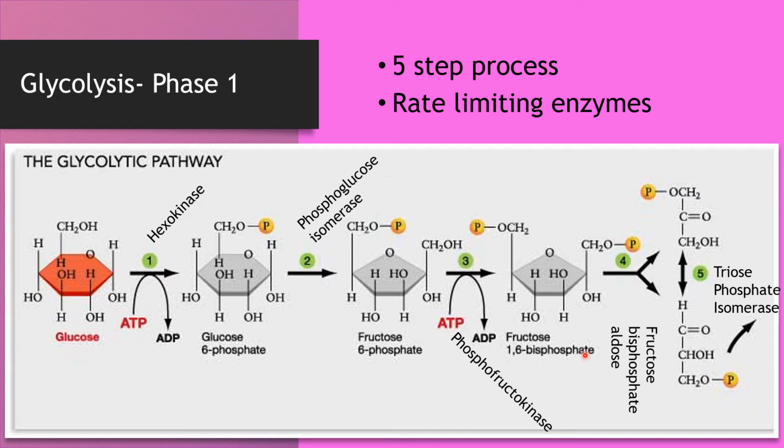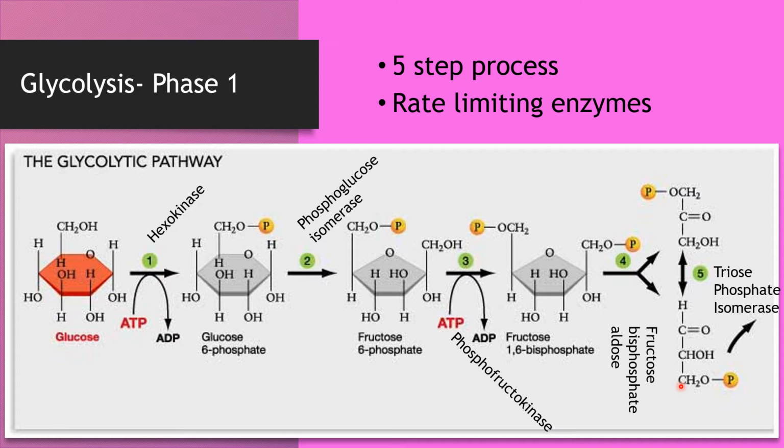Okay, so then we're going to move on to step 4 right here, using the fructose bisphosphate aldolase. It cleaves that fructose 1,6-bisphosphate into those 2 isomers that you see over here. This one is dihydroxyacetone phosphate, and this one down here is glyceraldehyde 3-phosphate.